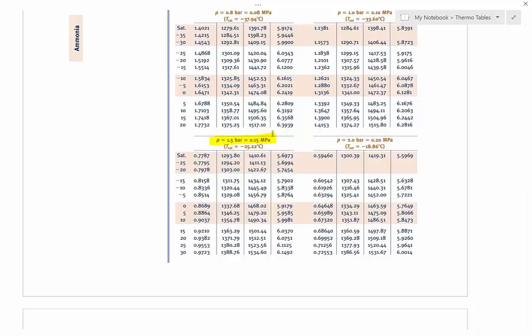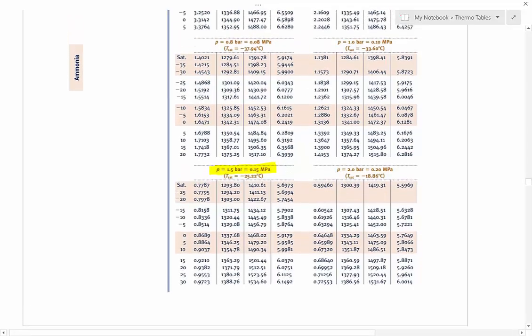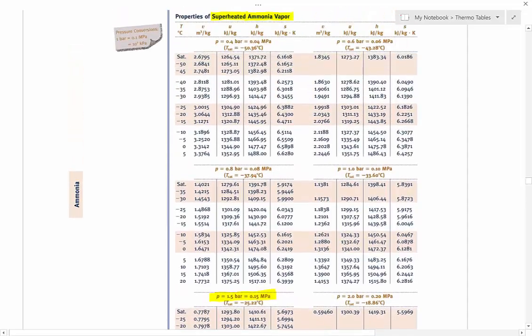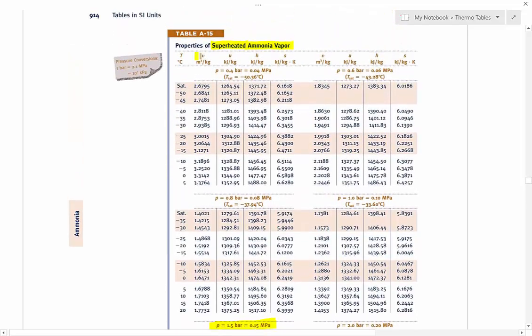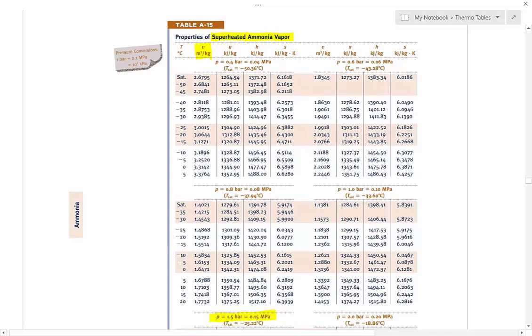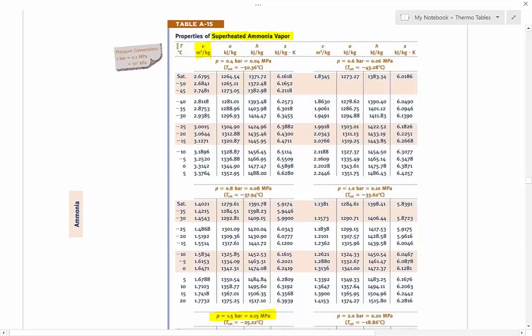Okay, and now which column is nu? We're looking for nu. And then you realize the second column here is nu. Is it possible for us to start from pressure or temperature to find a corresponding nu? Yes. The first column is temperature.